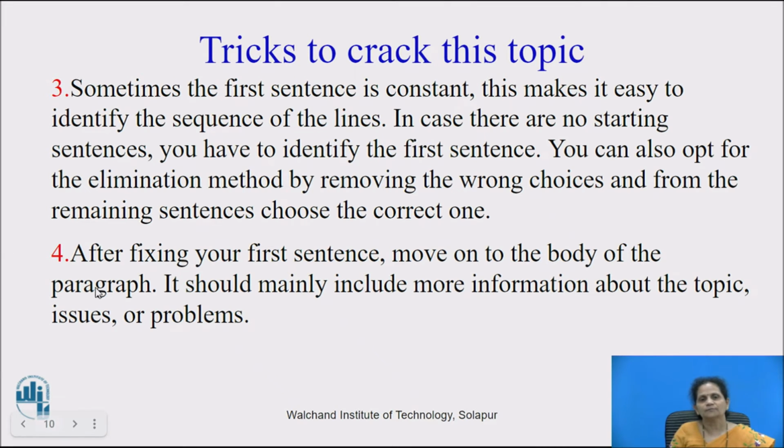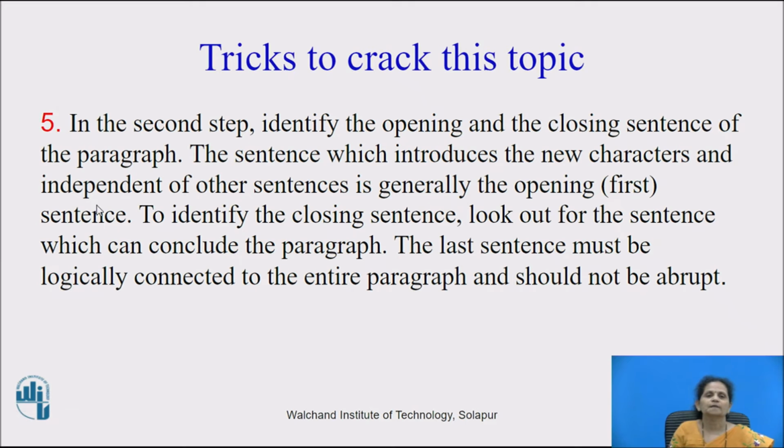Next one, after fixing your first sentence, move on to the body of the paragraph. It should mainly include more information about the topic, issue or problems. The fifth one, in the second step, identify the opening and closing sentence of the paragraph.